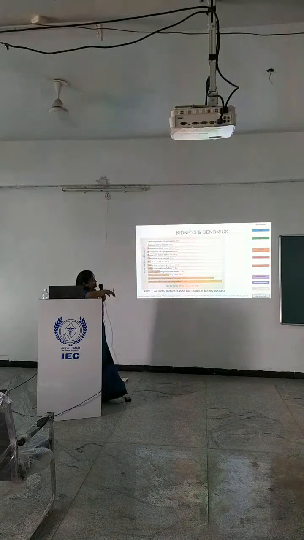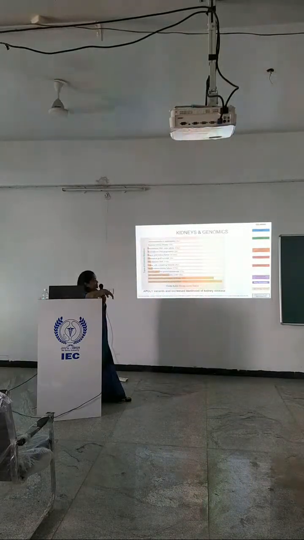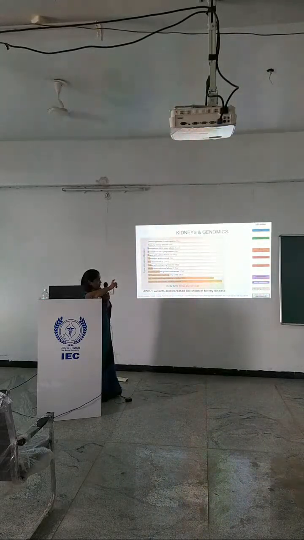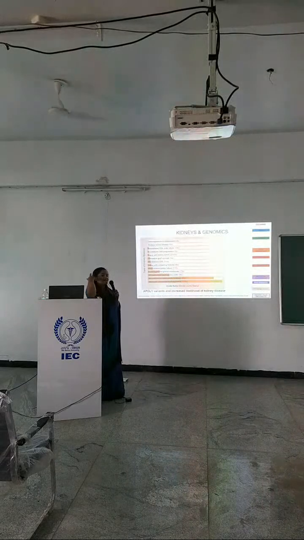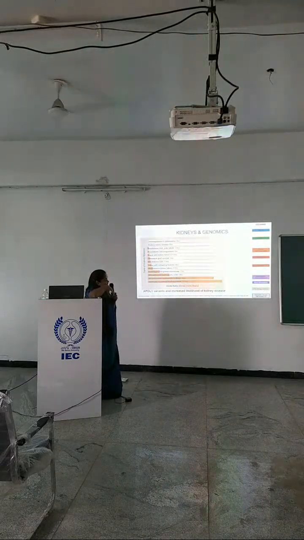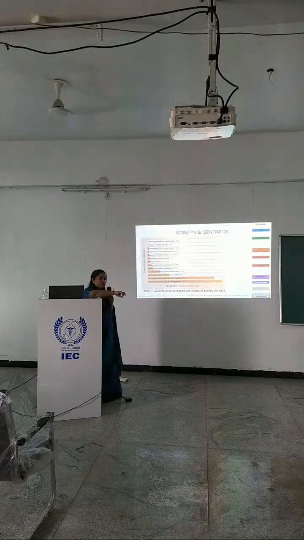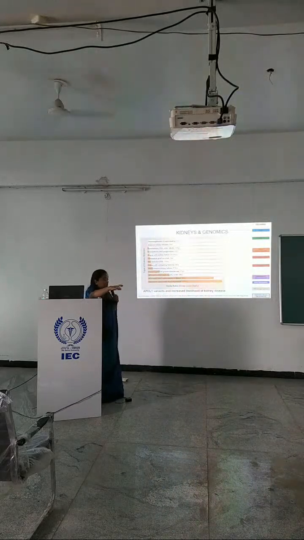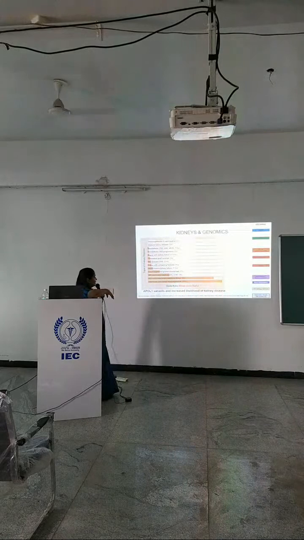Then there is SRNS, that is steroid resistant nephrotic syndrome. Chronic glomerulopathies also have monogenic roots. Even cystic kidney diseases like autosomal dominant polycystic kidney disease, nephrolithiasis, nephrocalcinosis, renal tubulopathies, even CKD of unknown origin seem to have roots in monogenic disorders.